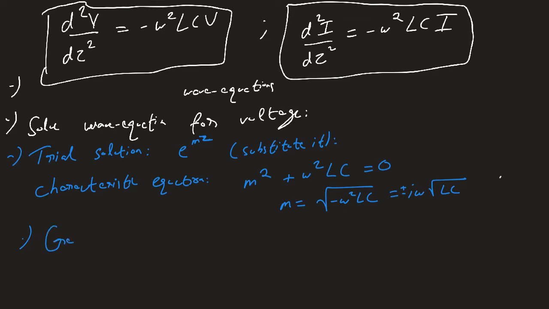So the general solution basically becomes that V of z is equal to some V positive, which is the forward solution, e to the minus i kz, plus V negative, which is the coefficient for the left traveling solution, e to the plus i kz.